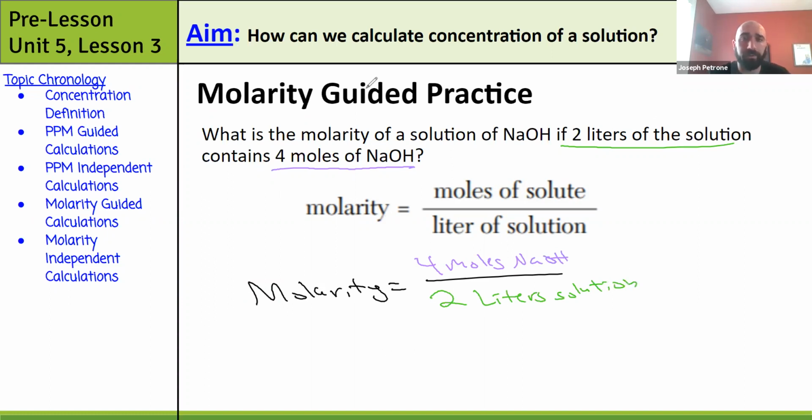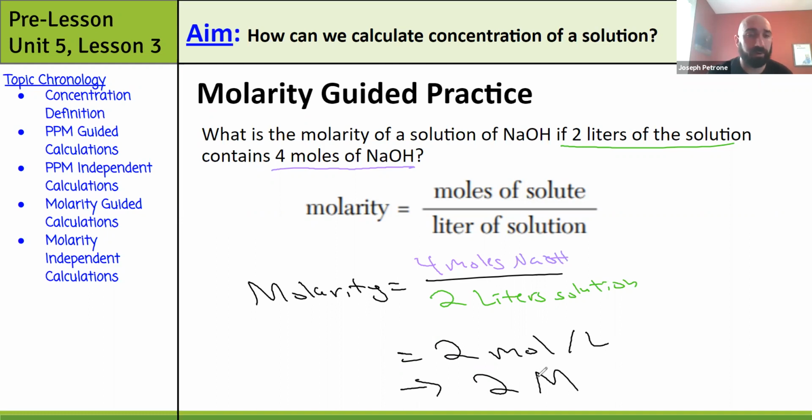I don't think you'll need a calculator for this one. 4 divided by 2, we would have a molarity of 2 moles per liter. Or you can say it as 2 molar, capital M. Make sure it's capital. Lowercase would be 2 meters. Once again, we just divided number of moles by number of liters.